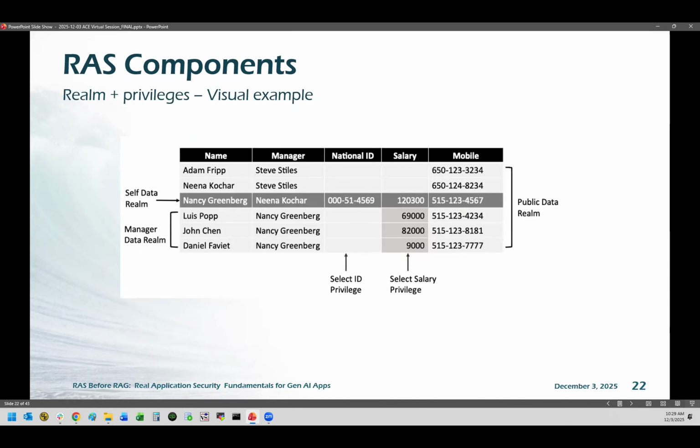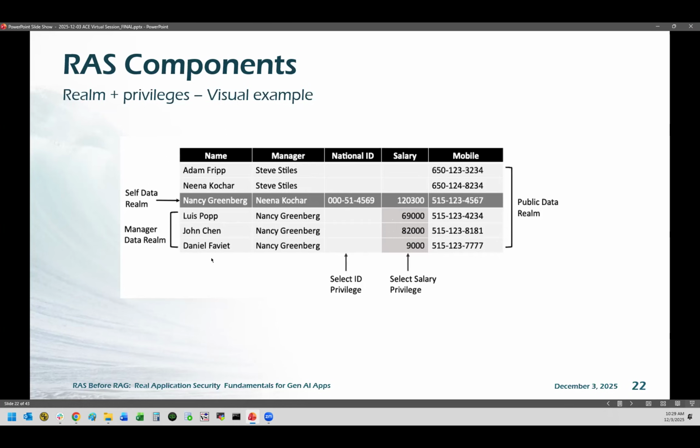So Karen, here's an interesting example. I know you know this one quite well. Why don't you go ahead and take us through the difference between the public data realm, being able to see only your own data, and then the fact that Nancy is also a manager. The key things to notice on this particular slice of data that Nancy has access to is the public data realm. You notice the mobile phones, names, manager, mobile phones. That's covered. Everybody gets to see those columns. But when we start looking at salary, Nancy, as manager, is only seeing salaries for her people.